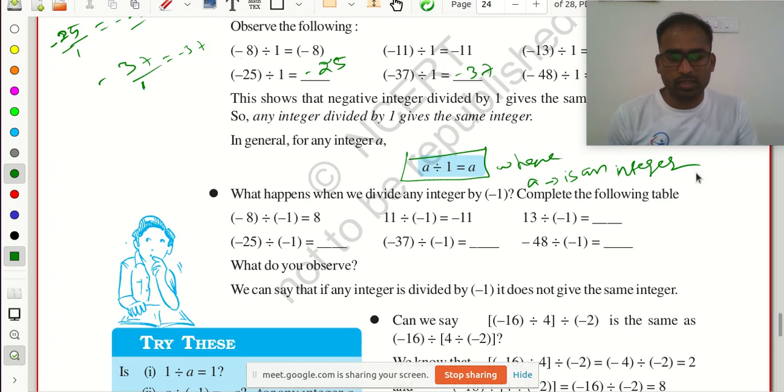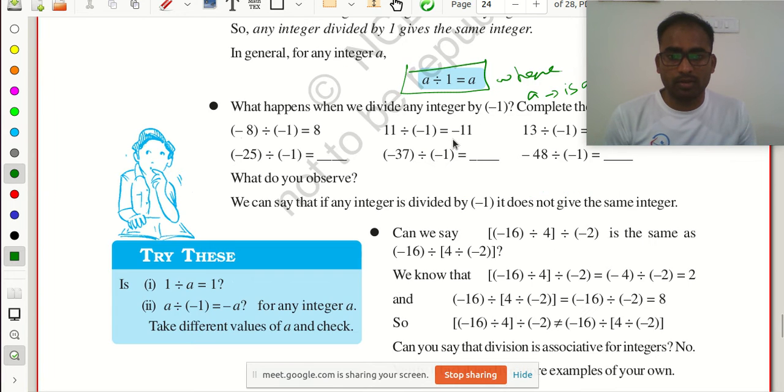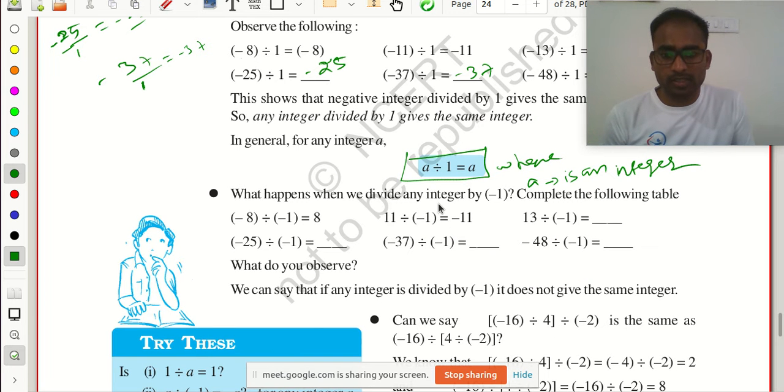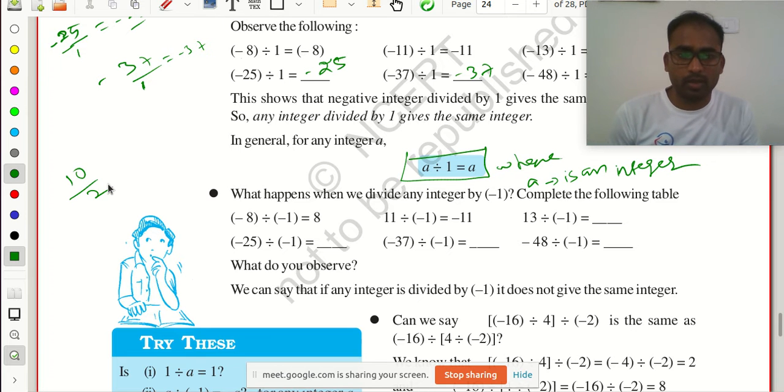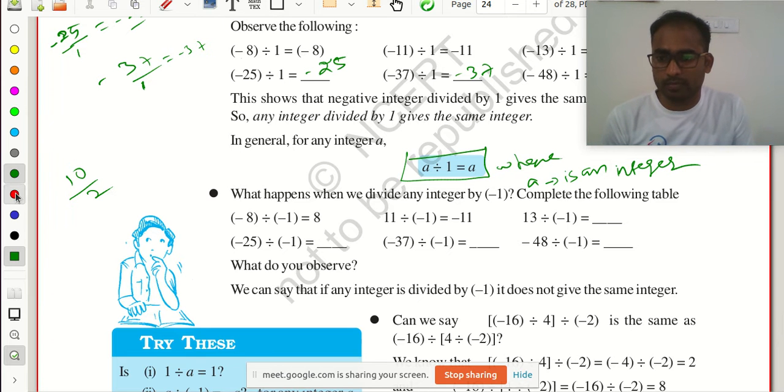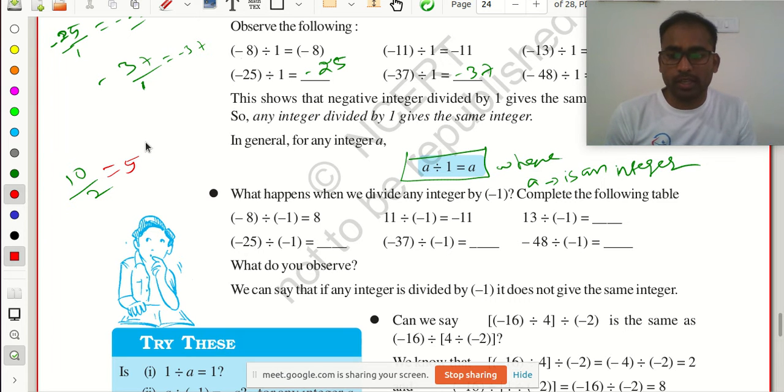Okay. So this is one type of property. And after understanding this one, you can analyze these things. Suppose 10 by 2 is there. How much is its value? 5. Why are we getting this 5?